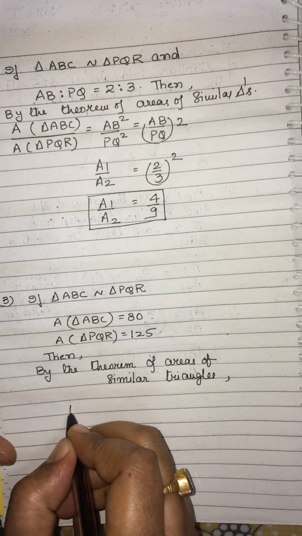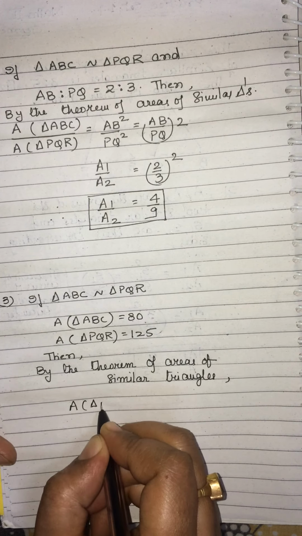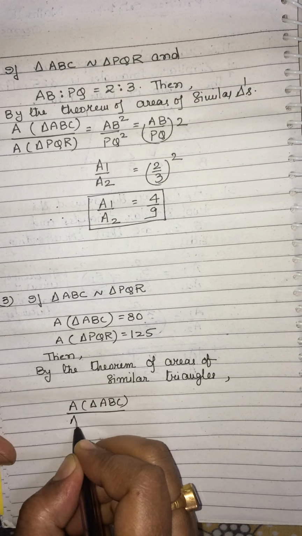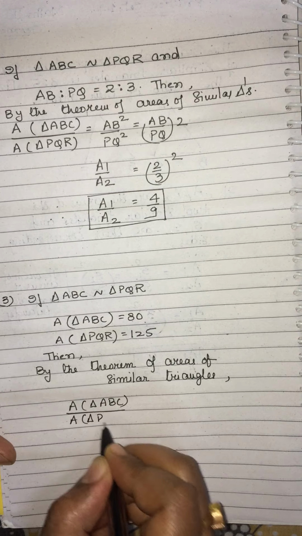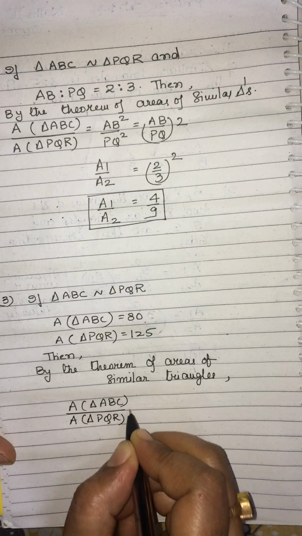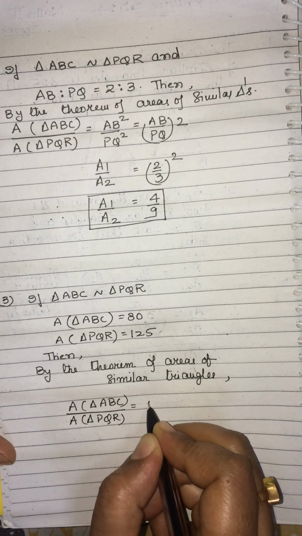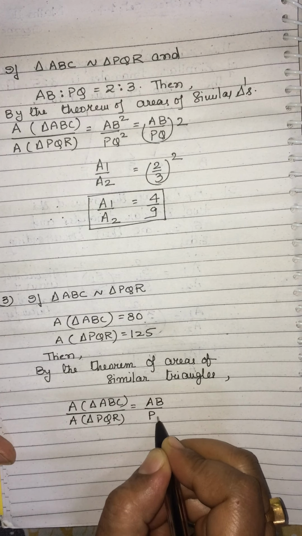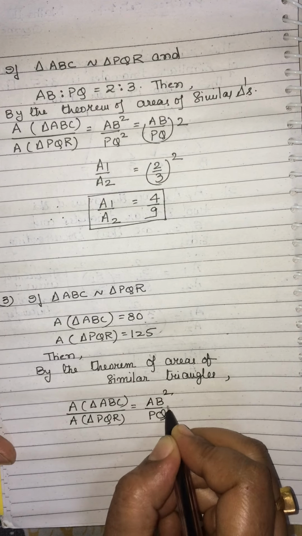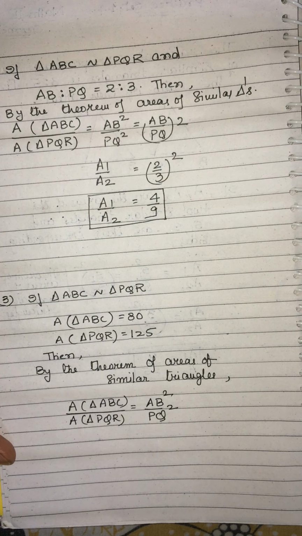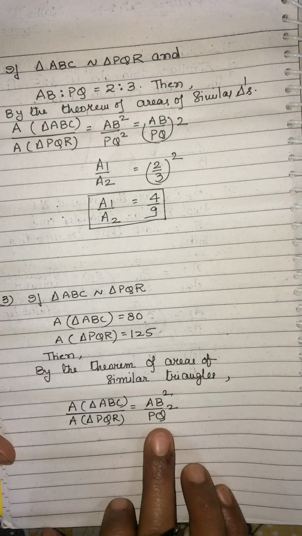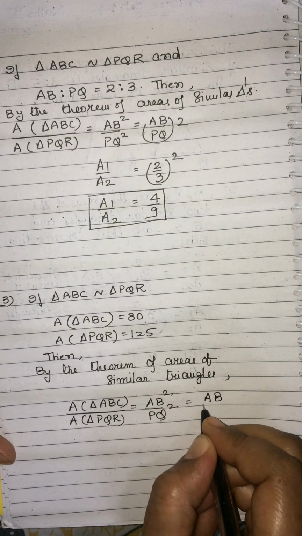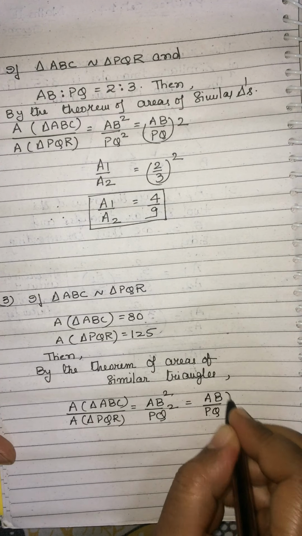The ratio of the areas of the triangles is equal to the ratio of the squares of their sides. Because already the areas are given to us, let us find the ratio of the squares of their sides.